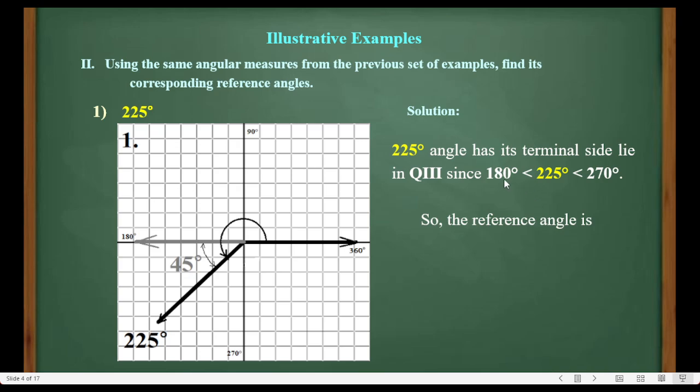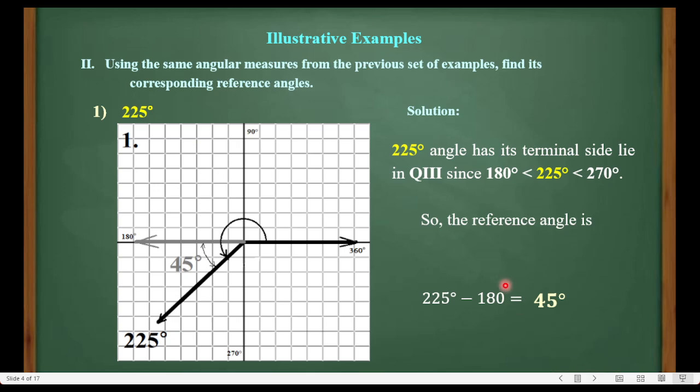Now we know that within the range of these angular measures, the angles are found in quadrant 3. So to get the reference angle, this is what you're going to do. We take the given angle 225 and subtract 180 degrees from it, and the result is 45 degrees.